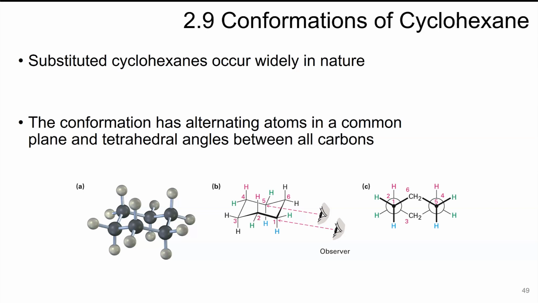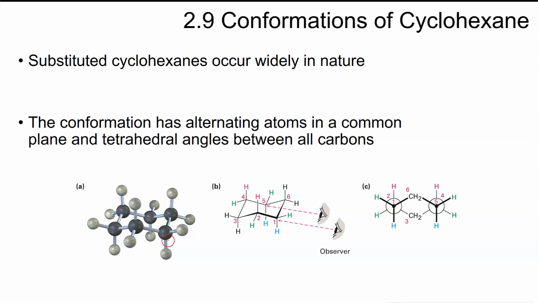The conformation of cyclohexane is one that we will be looking at fairly closely. Substituted cyclohexanes occur a lot in nature, and this ring happens to be free of angle strain and torsional strain. The conformation has alternating atoms in a common plane and tetrahedral angles between all carbons.